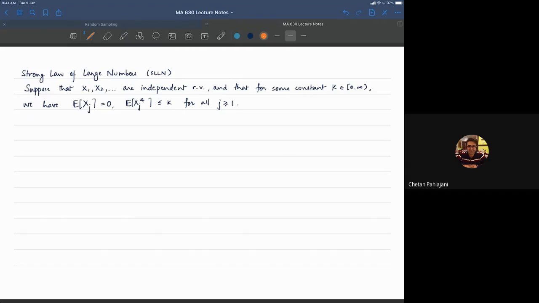But I just want to note that this particular proof does not require x1, x2, and so on to be identically distributed.